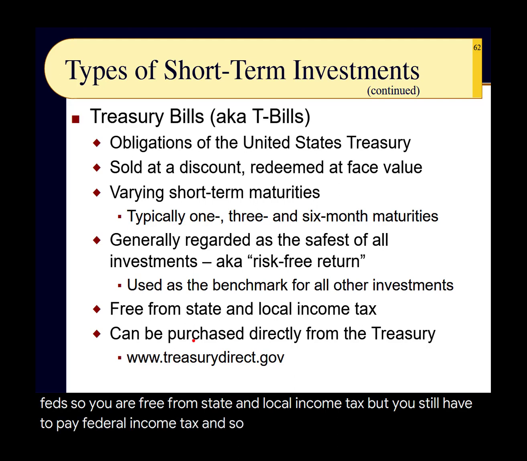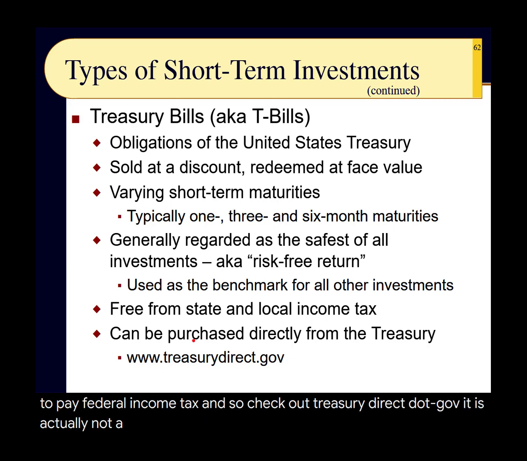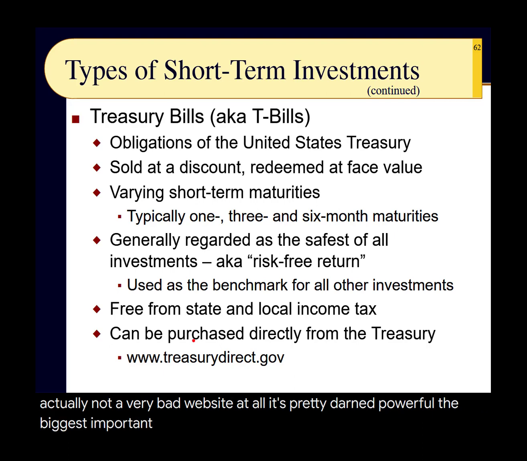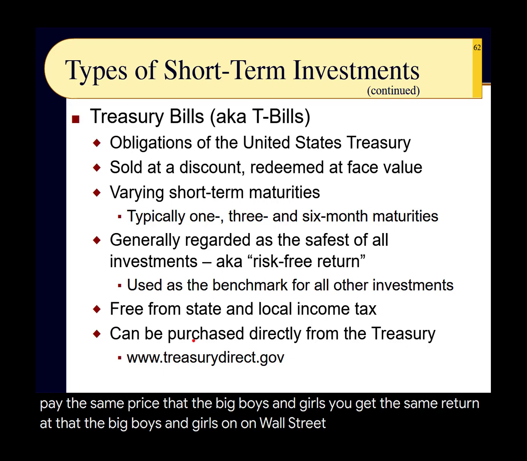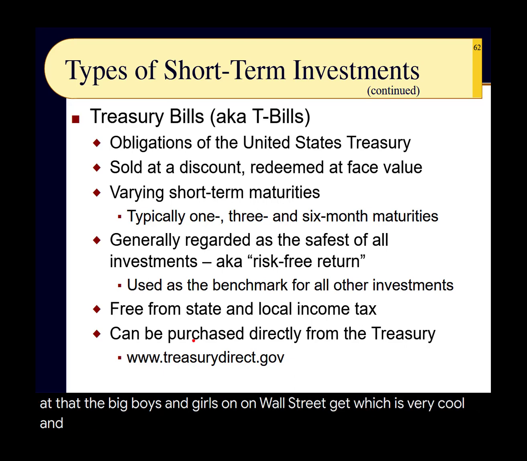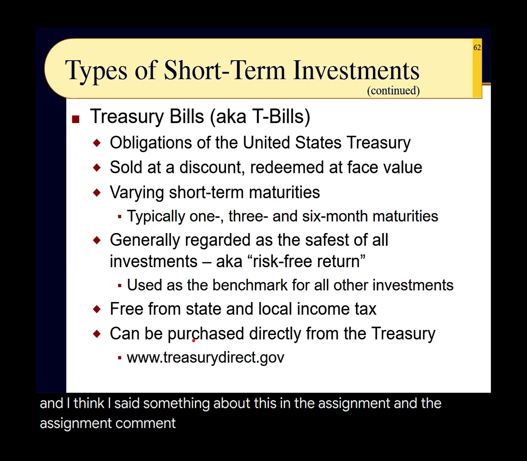So check out TreasuryDirect.gov. It is actually not a very bad website at all. It's pretty darn powerful. The biggest, coolest thing about this website is that you get to pay the same price and get the same return that the big boys and girls on Wall Street get, which is very cool. I think I said something about this in the assignment commentary.